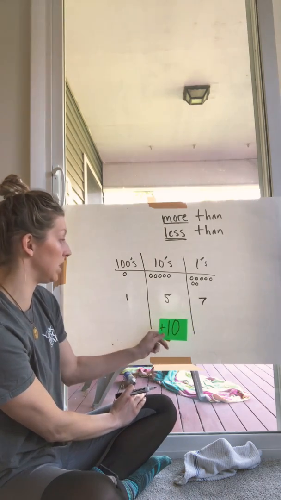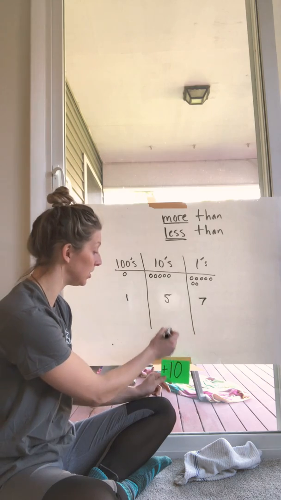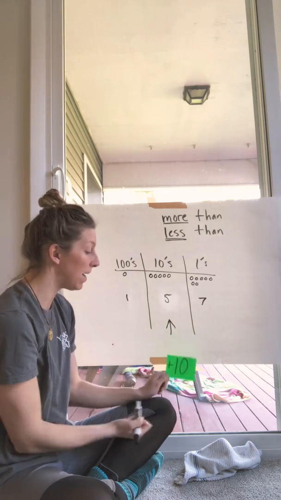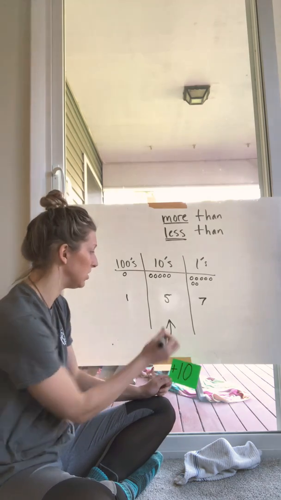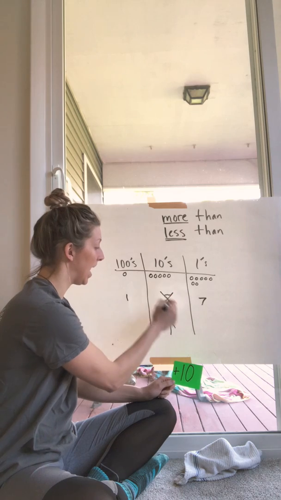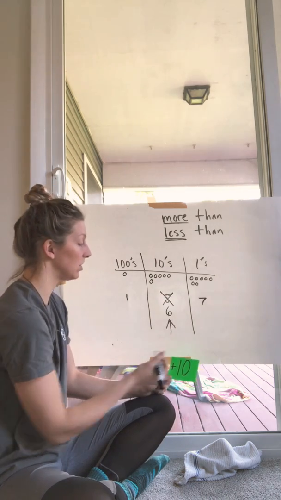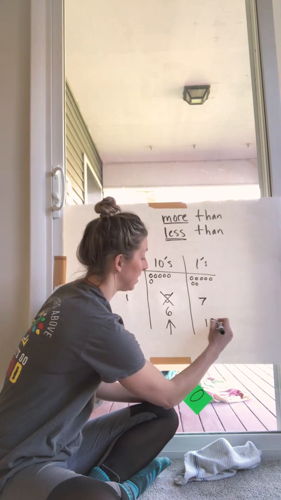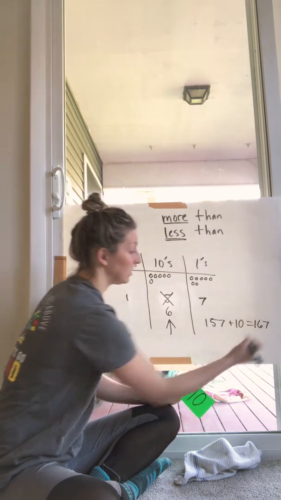Is it the hundreds, the tens, or the ones? If you picked hundreds or tens, you're right, because it's a 10. So it's going up by how many? Just 1 ten, not 2 tens. So that 5, I'm going to add another one, which makes it a 6. So in a number sentence, it's 157 plus 10 equals 167.